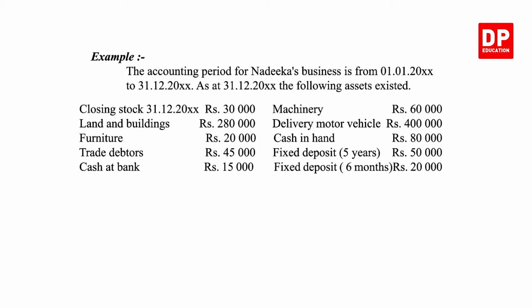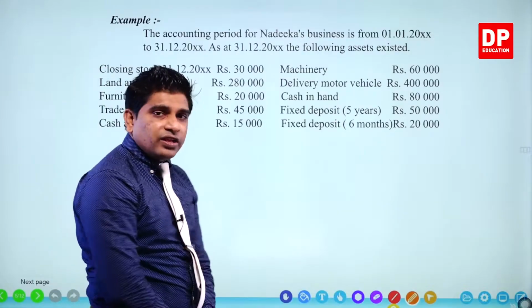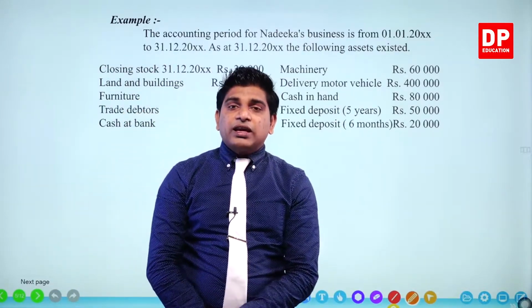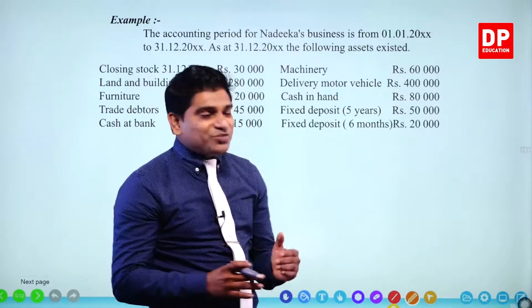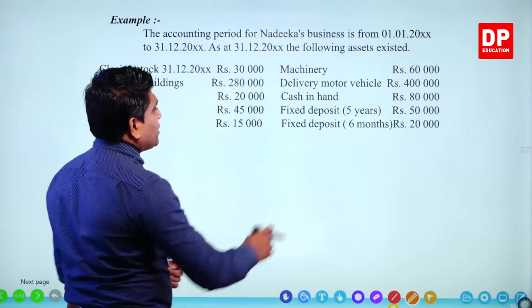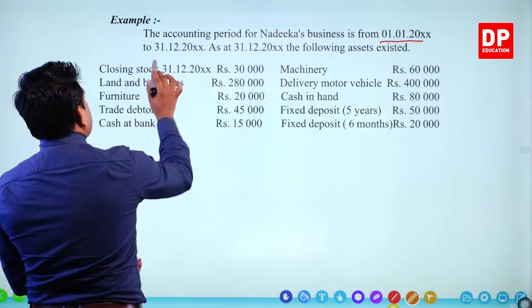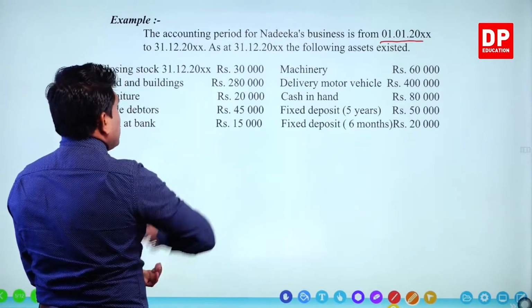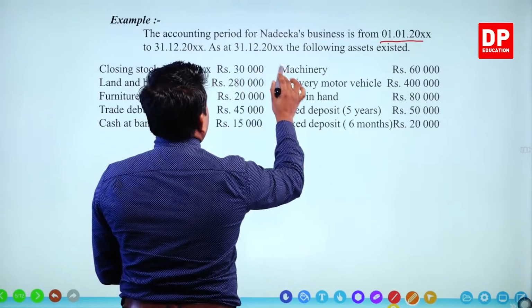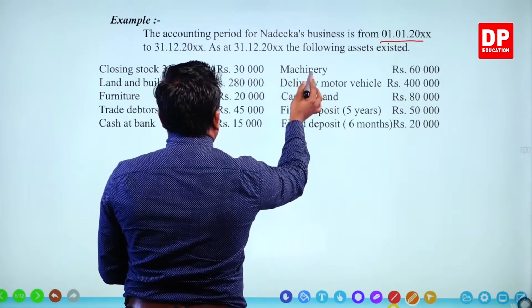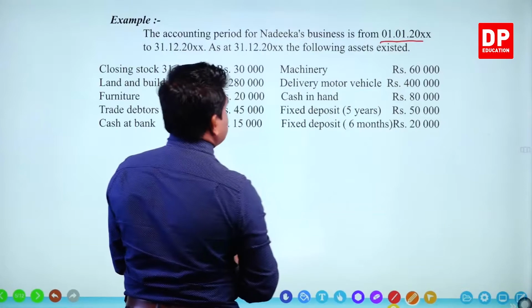Now, the accounting period for Nadi Cars business is from 1st of January 2020 to 31st December the same year. As at 31st December 2020, the following assets existed.